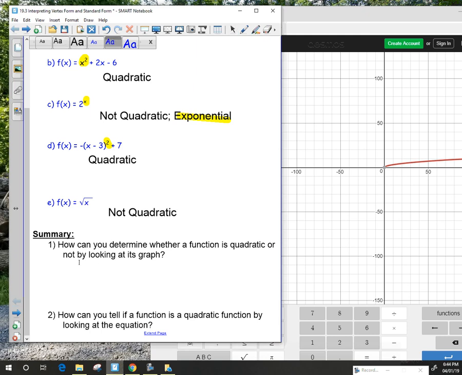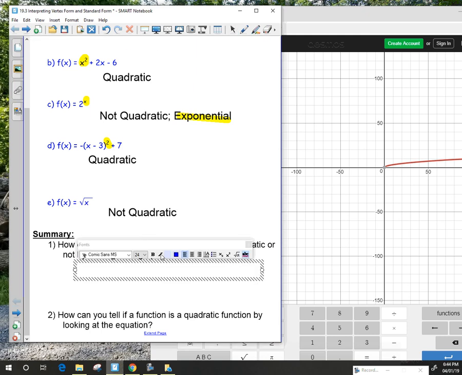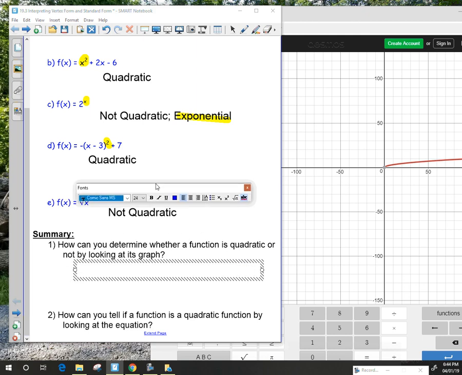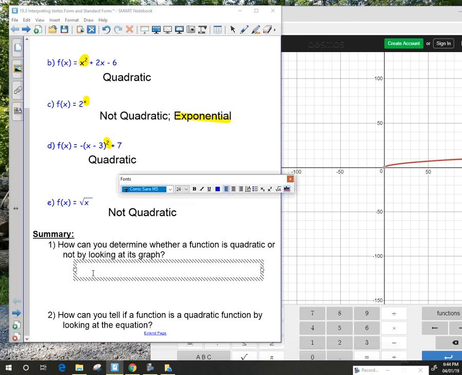In this case, I'm looking to see if the function gives us a U-shaped or parabola graph.